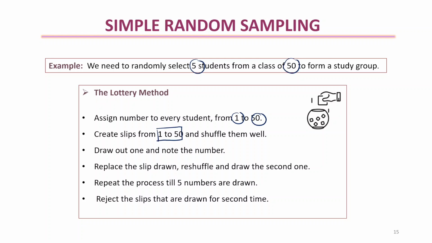Then we draw one number and note it. Then I replace the slip drawn, reshuffle and draw the second one. I repeat the process till 5 numbers are drawn. And if the same slip comes a second time, I reject that slip. This method is exactly like conducting a lottery, which is why it is also known as the lottery method.